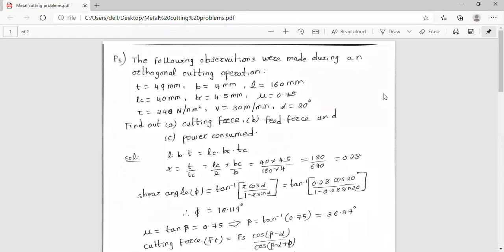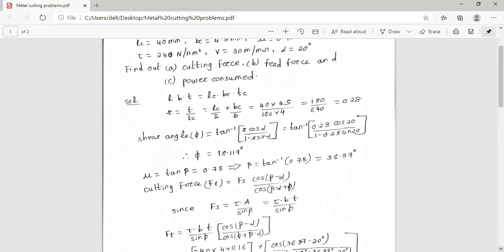We have taken the logic of L into B into T is equal to Lc into Bc into Tc. L, B, T is the area of the uncut chip, and Bc into Tc is the area of the chip. Here L is the length of the uncut chip and Lc is that of the chip. First of all, in order to calculate the shear angle, I already told you, you have to have the chip thickness ratio.